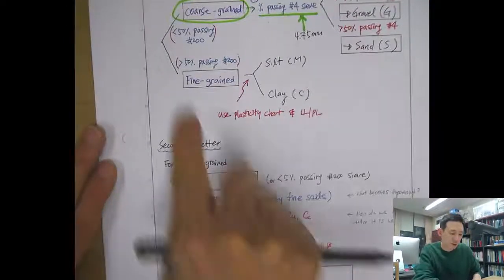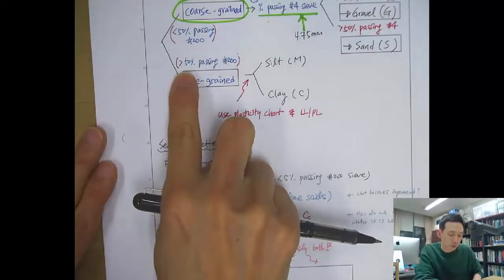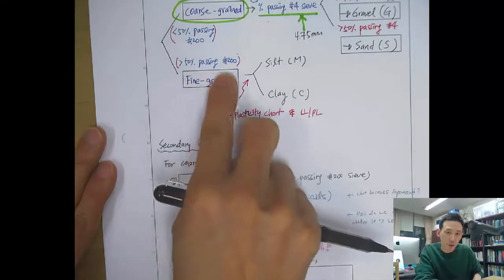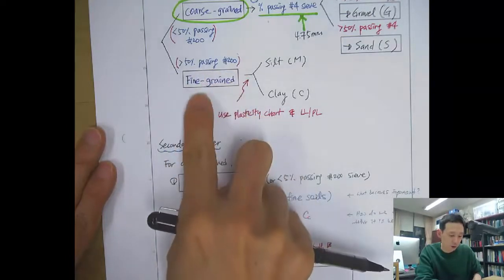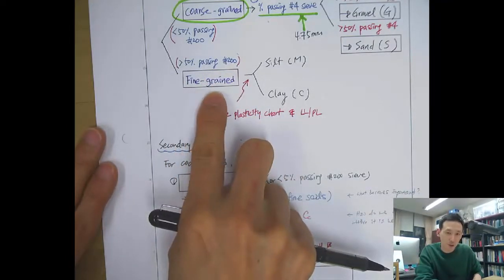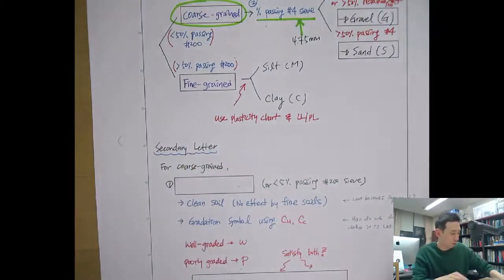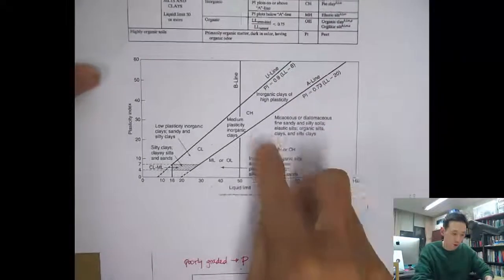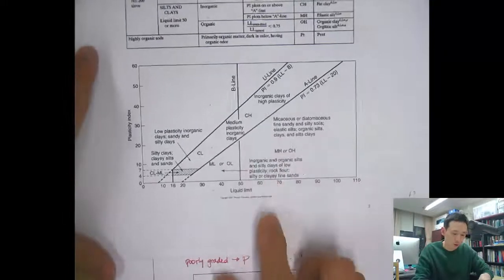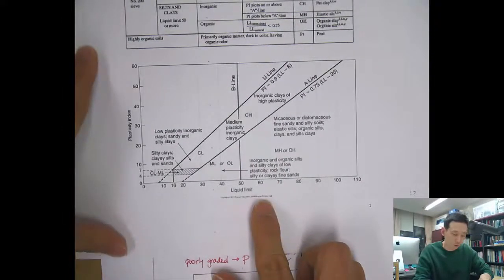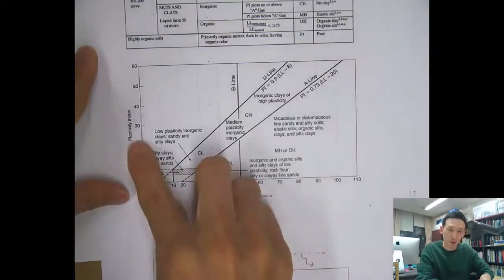And if more than 50% of the soil passes the number 200 sieve, then we characterize it as a fine grain soil. In that case, we use the plasticity chart to classify whether the soil is silt or clay. Do you remember this chart? You have to test and determine the liquid limit and the plasticity index.